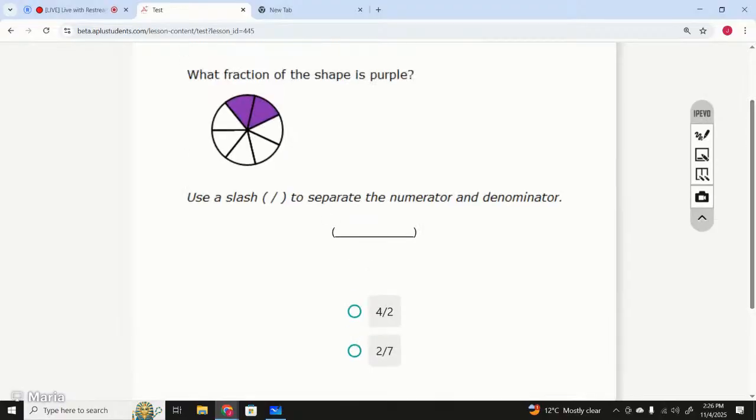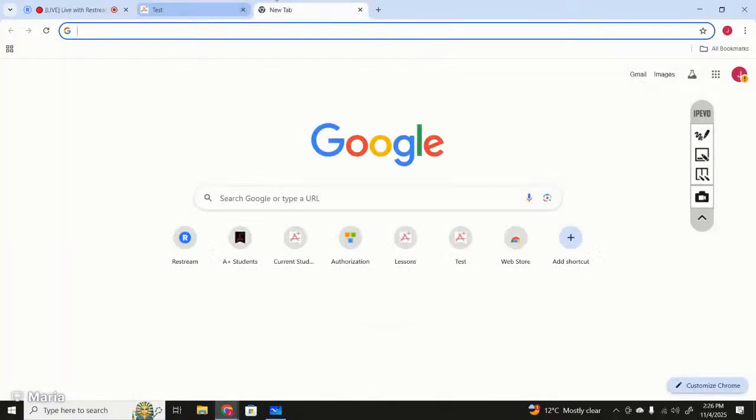What fraction of the shape is purple? That is 2 out of 7. Option number 2 is the correct option.